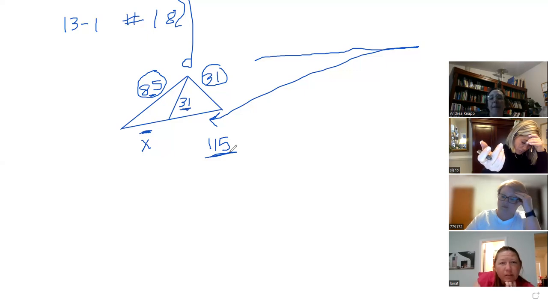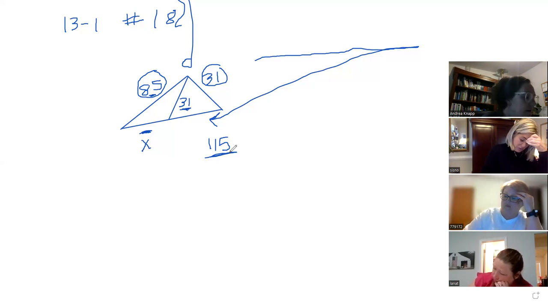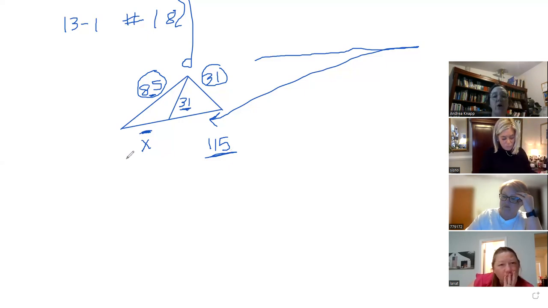So would it be 85 minus 31? It has to be 54, 55. Okay, let's try that. If we take 85 minus 31, x has to be greater than 54. 85 minus 31 is 54.